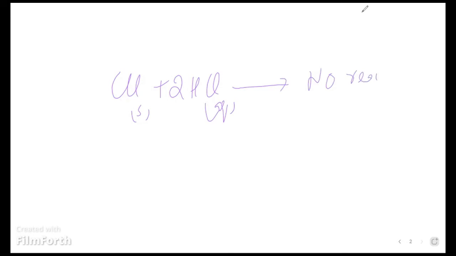For example, copper plus HCl aqueous, arrow, you will write no reaction. Copper solid with H2SO4 aqueous, and if you write dilute with it, dilute H2SO4, no reaction.